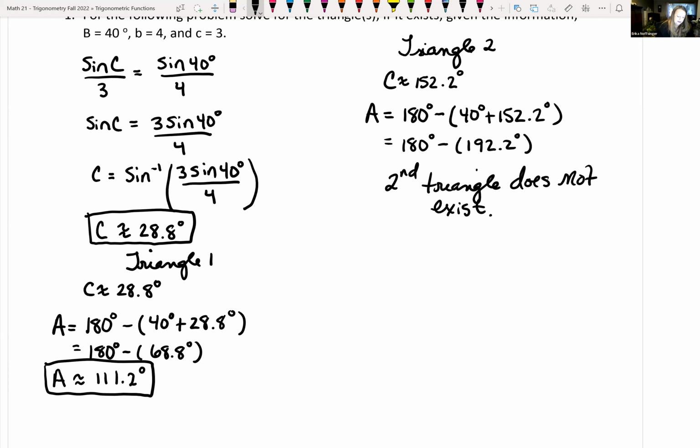So side A all over sine of angle A, which we just found to be 111.2 degrees, is equal to, let's use what we're given, side B, which is 4, all over sine of angle B, which is 40 degrees. We can multiply both sides by sine of 111.2 degrees so that we can get A by itself. So we get A is equal to 4 times sine of 111.2 degrees all over sine of 40 degrees.